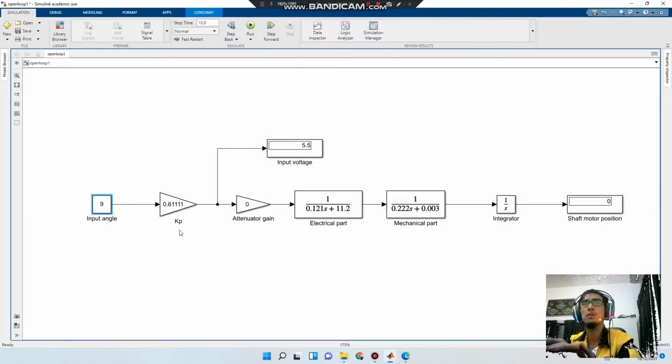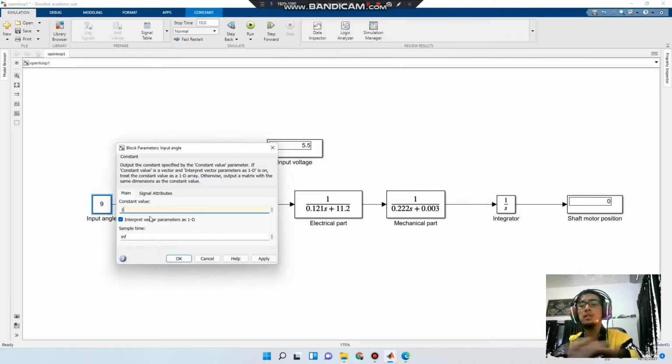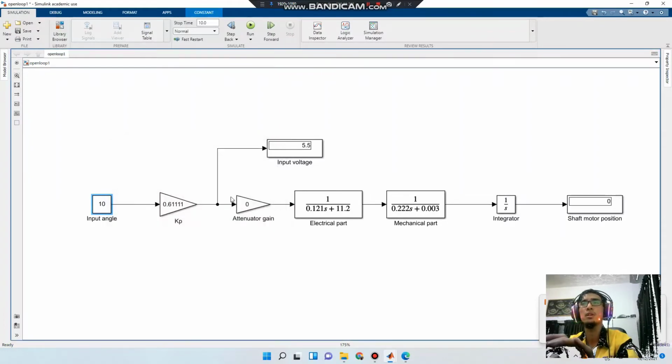Lastly 10 for the input angle, still 0. So we can see that the system does not function.